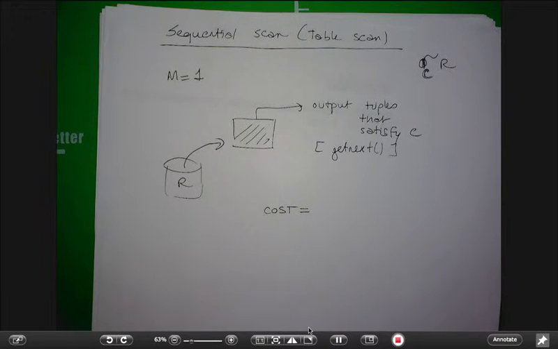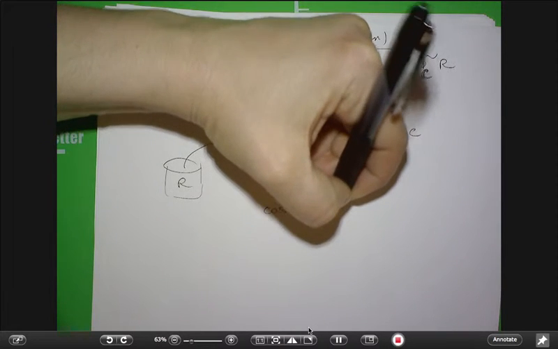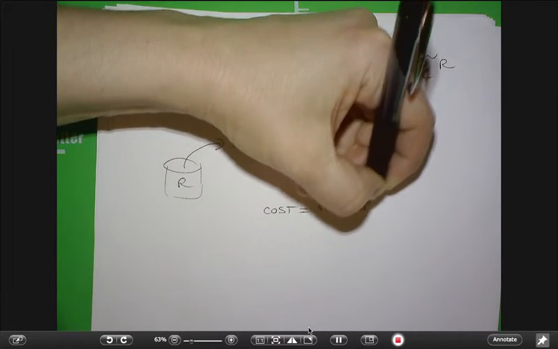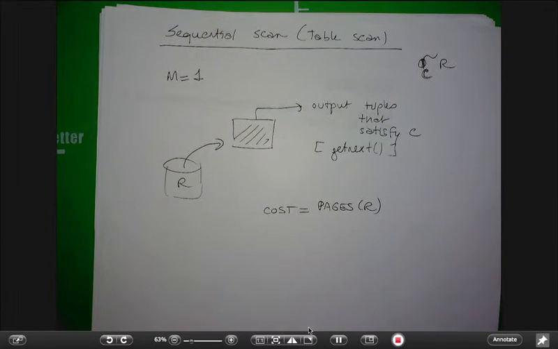We're going to say the cost of doing this is pages of R, which is exactly what you were asking earlier, right? So whenever you have a sequential scan, you have to read every single page, except that if you are scanning on the primary key you can stop earlier, but we are going to disregard that for now.